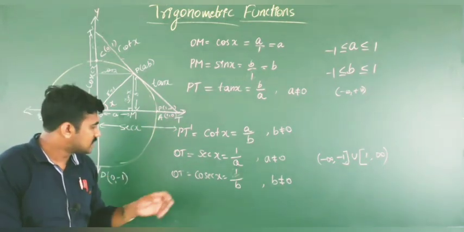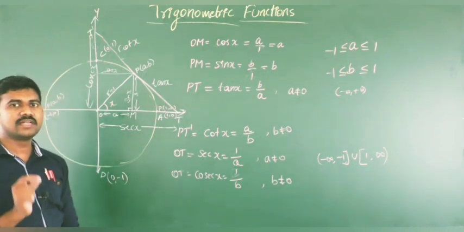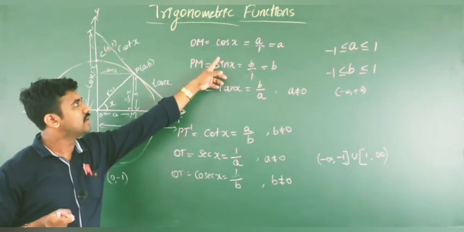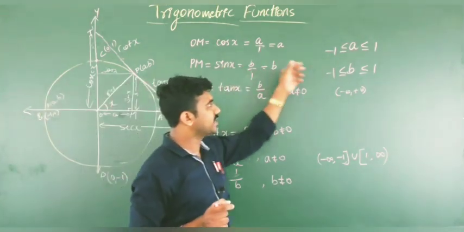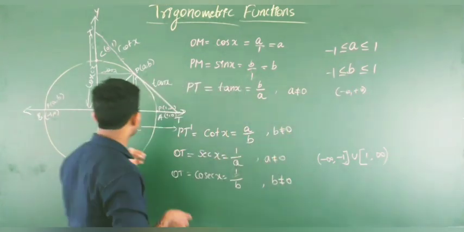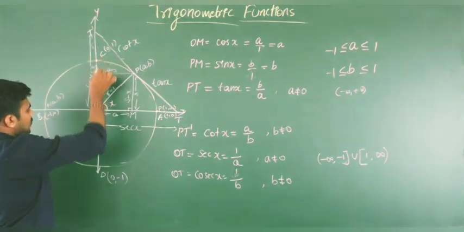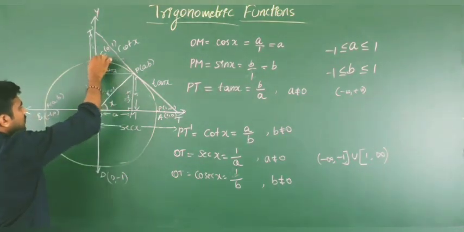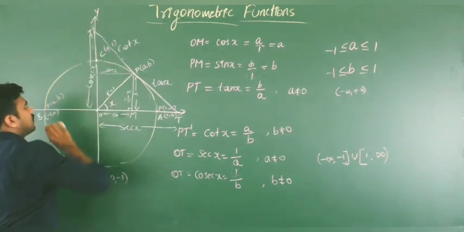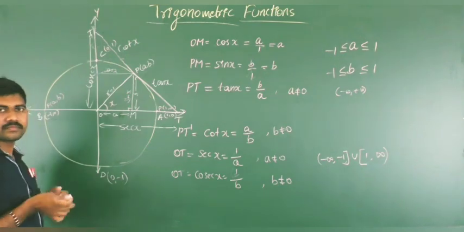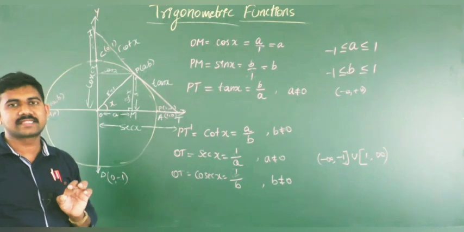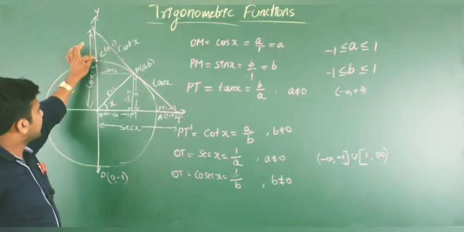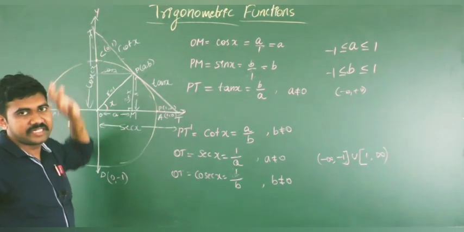Similarly, in the case of cosecant x also, it is the reciprocal of the sine function. Okay, and we know the value of sine can be from minus 1 to 1. So from here to here we can take minus 1. But here look, you get values greater than 1. Here, since cosecant x is the reciprocal of sin x, it is increasing, from 1 to infinity.